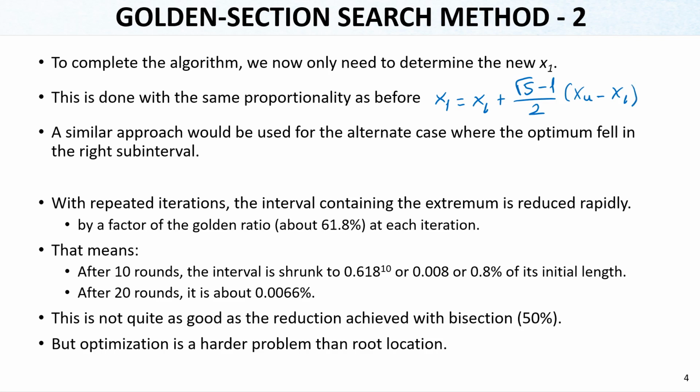And a similar approach would be used for the alternative case, where the optimum fell in the left subinterval, or right. So for the left and right, we can use the same idea and have the results.